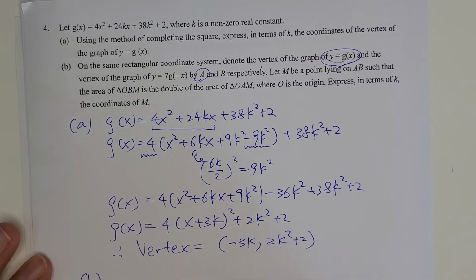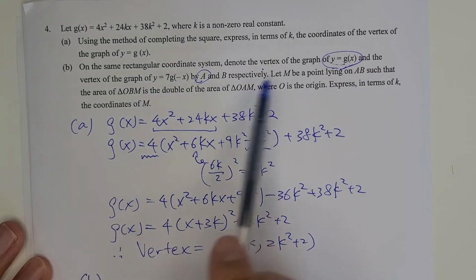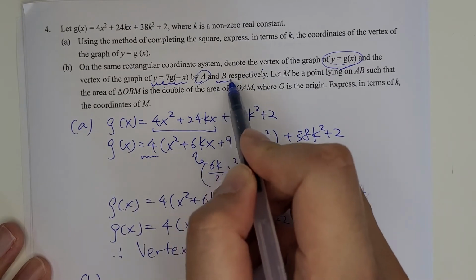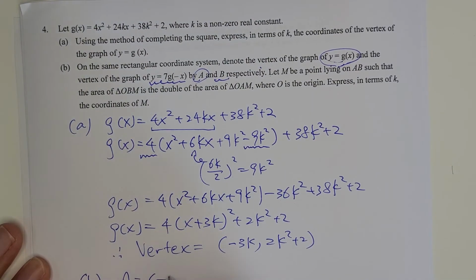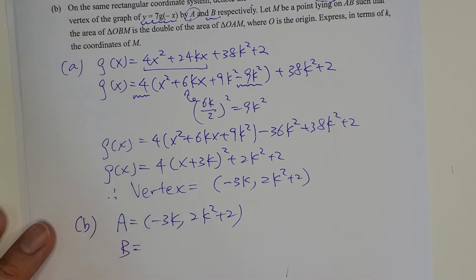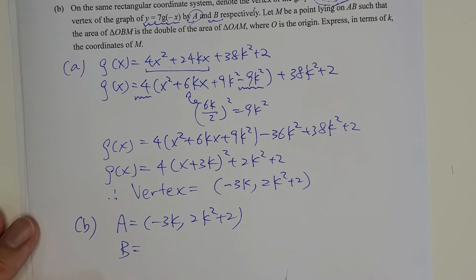This point is A. And another vertex of this graph, we call it B. So you can write down point A, actually that is negative 3k, 2k squared plus 2. But how about B? You need to write down B first, otherwise you will find it very difficult to do the following part.